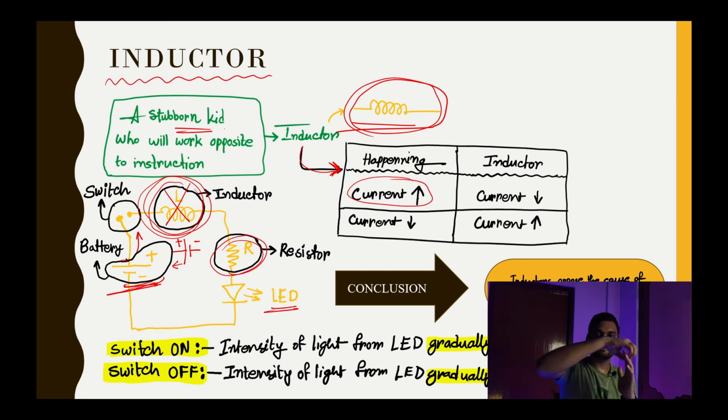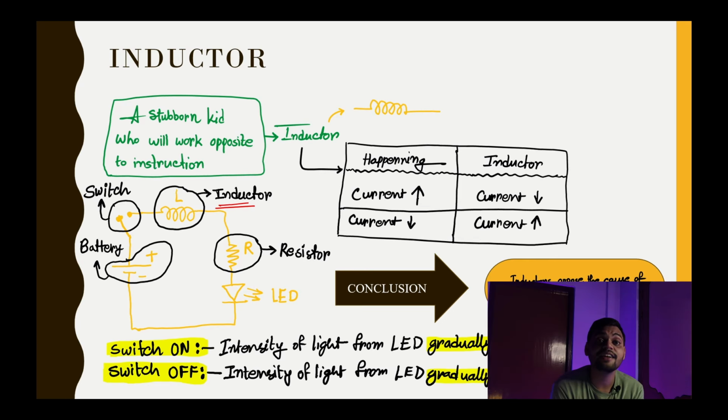The battery will release its positive charges and they will travel through the entire circuit and reach the cathode part of that battery. But once we introduce an inductor here, what will happen? The inductor will create another battery like this.